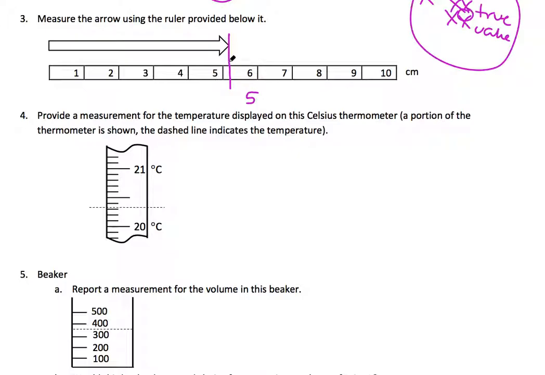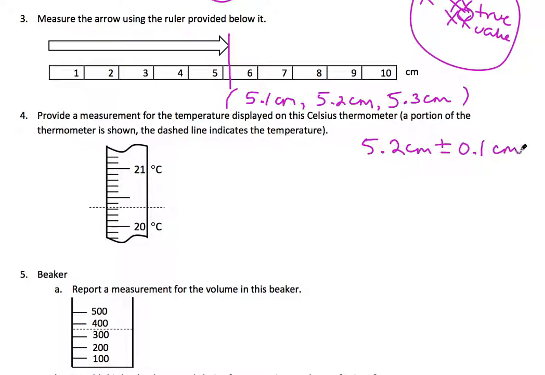Maybe 5.1, 2, or 3, right? So I'll just write all of those down because some people might read this differently, and actually that's okay because there's some uncertainty about that decimal point. I don't know for sure if it's a 2 or a 3 or a 1. So what I would say is that it's 5.2-ish plus or minus 0.1.